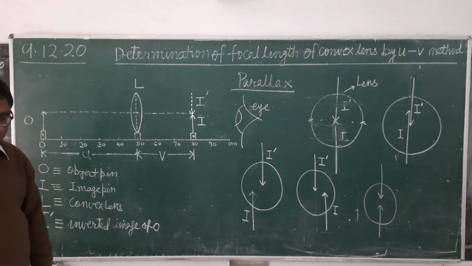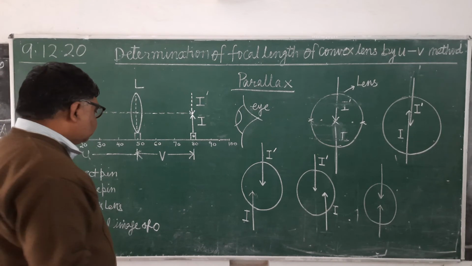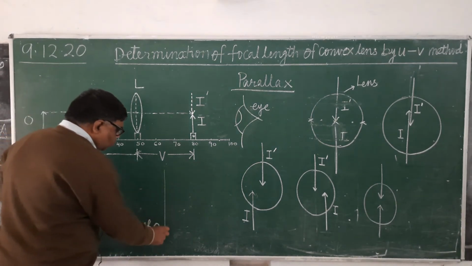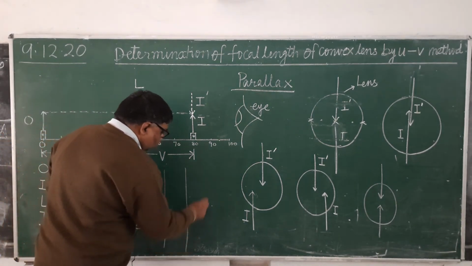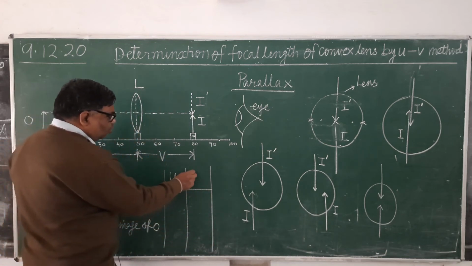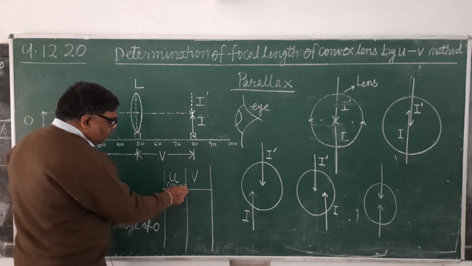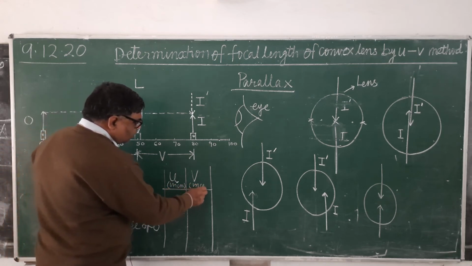It's clear? And then some mathematical calculations will be given for different values of u. You will note down v. In this way you will note down u and v. You write down u in centimeter and v in centimeter.